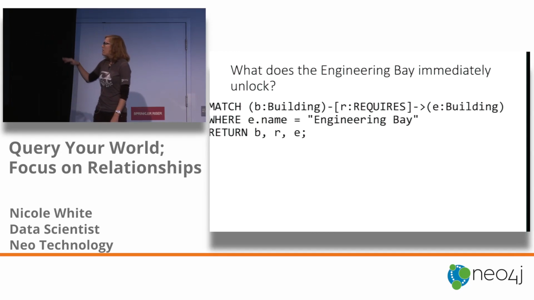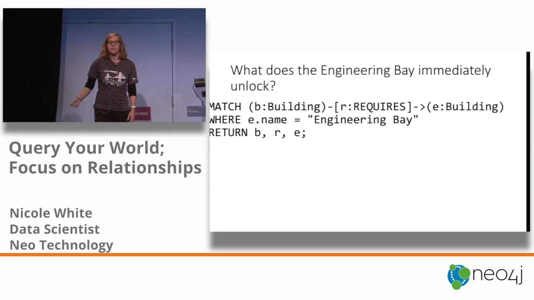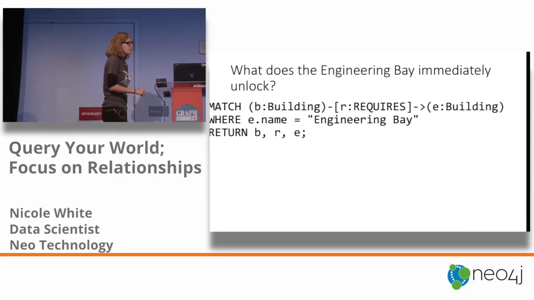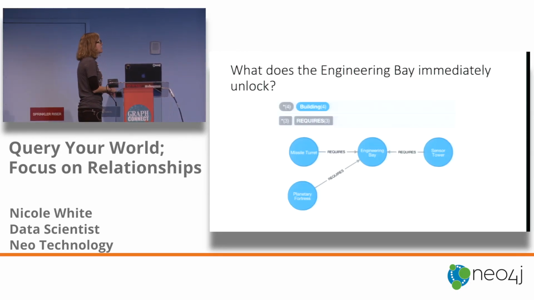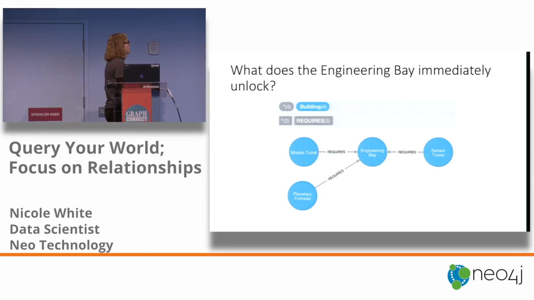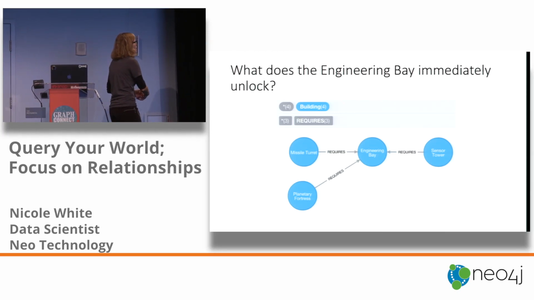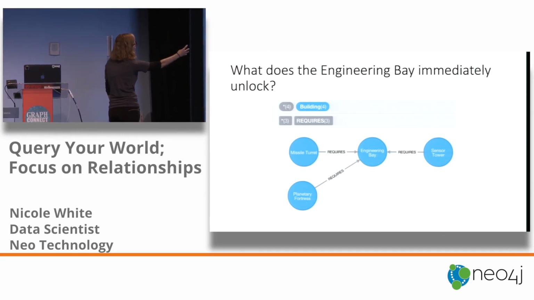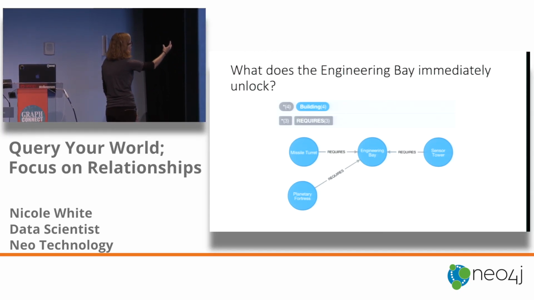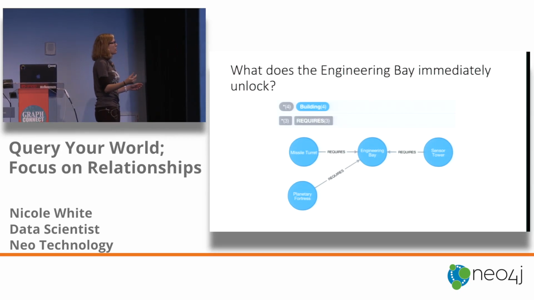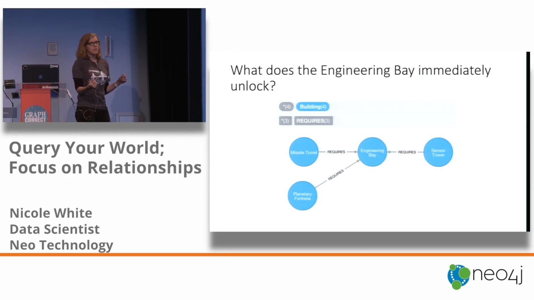And then we're returning all of that in the return clause. We're returning the entire pattern. And visually, that'll give us something like this. So here's our engineering bay, and then we have all these buildings. These are the immediate one-step out buildings that are unlocked once you build that building.